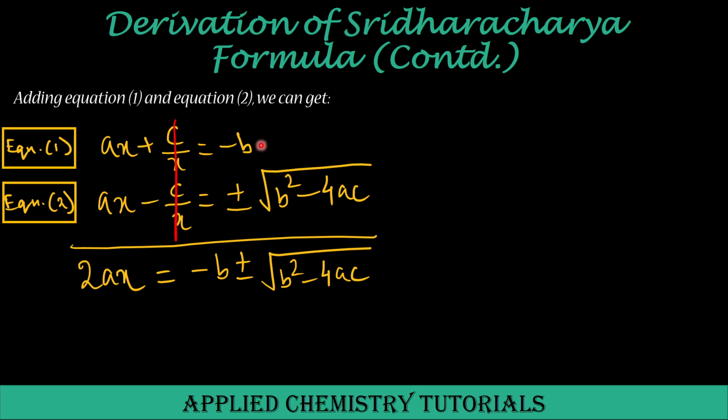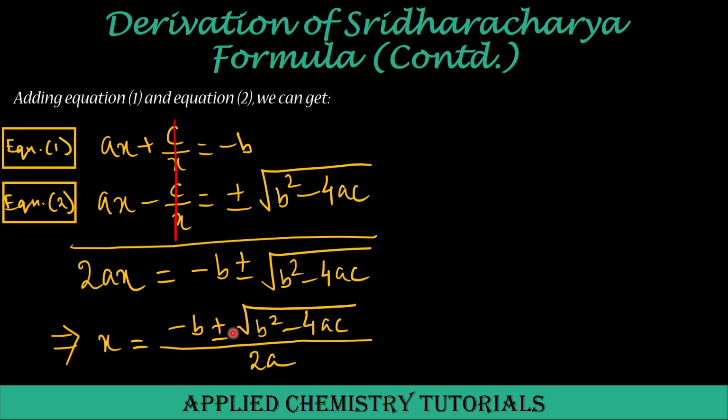So here we are just adding the terms on the left hand side as well as on the right hand side. So from this we can have x = (-b ± √(b² - 4ac))/2a. So we are dividing both sides by 2a.